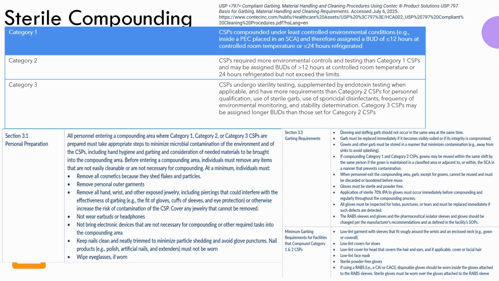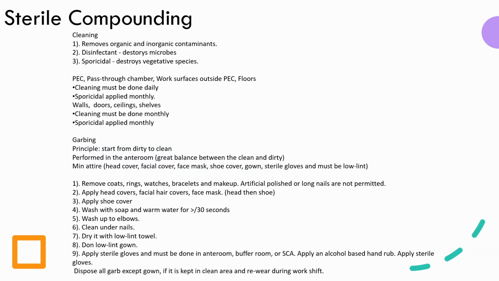If you're using what is known as RABs, whether it's a compounding isolator or otherwise, disposable gloves should be worn inside the gloves attached to the sleeve. That's an important thing to add on besides what we just talked about.